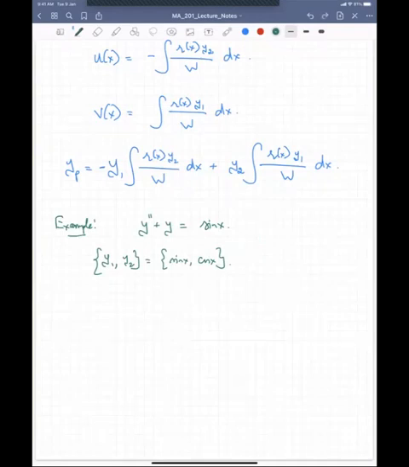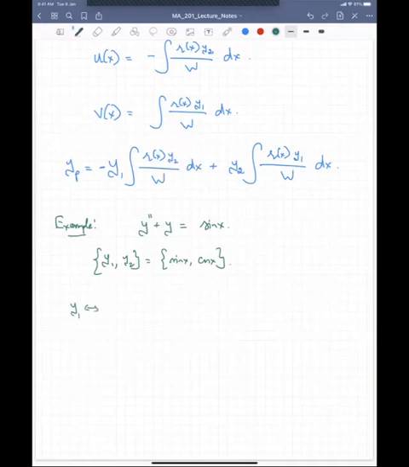Because if I say y1 goes to y2 and y2 goes to y1, my yp has, the first term has a negative y2, and the second has a positive y1, and this guy has a y1 inside the integral, and the second guy has a y2 inside the integral. And that doesn't look like the initial solution, but you should remember that under the exchange y1 to y2, the Wronskian also changes sign.